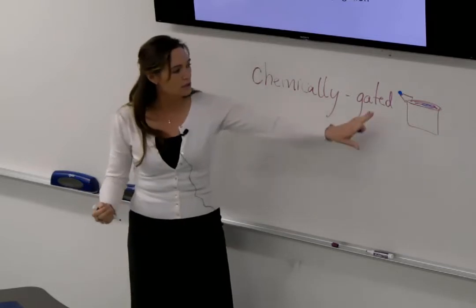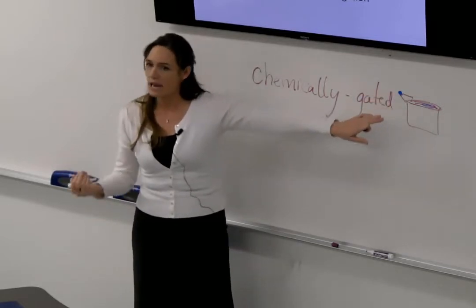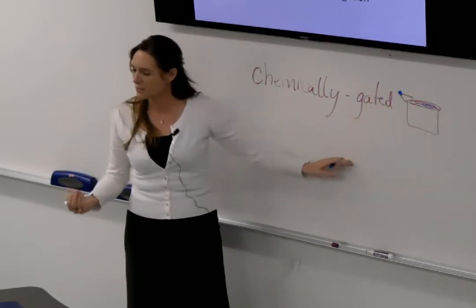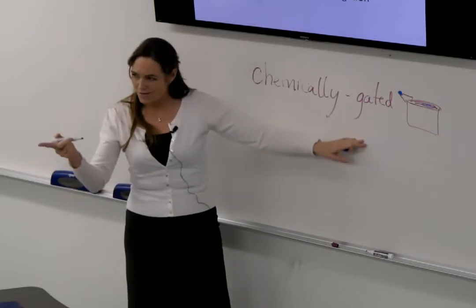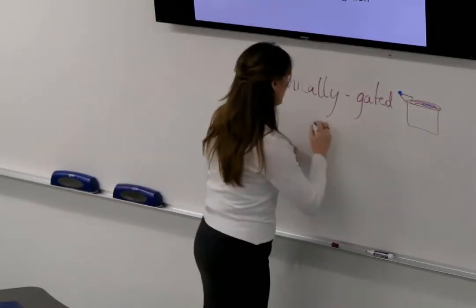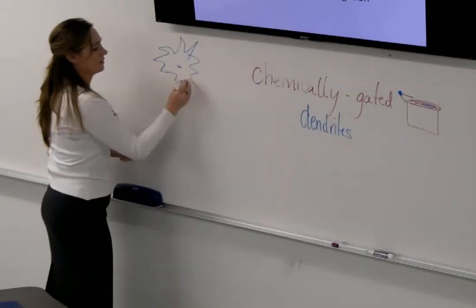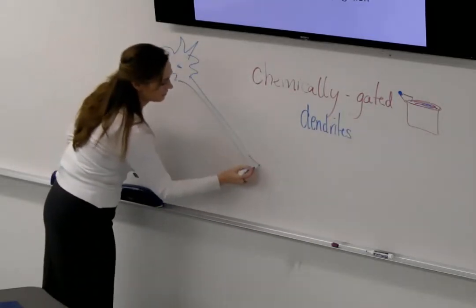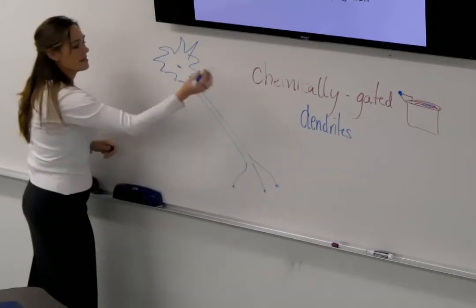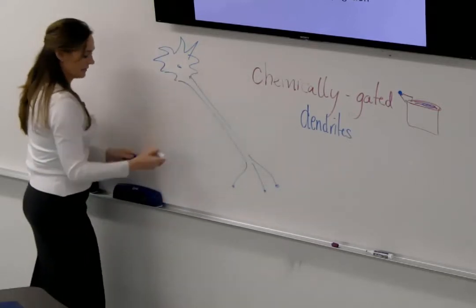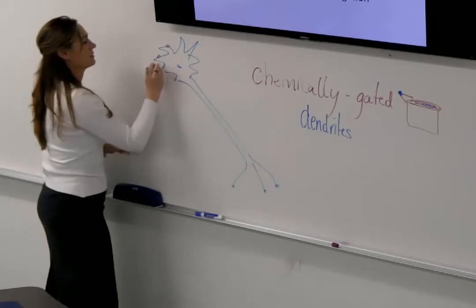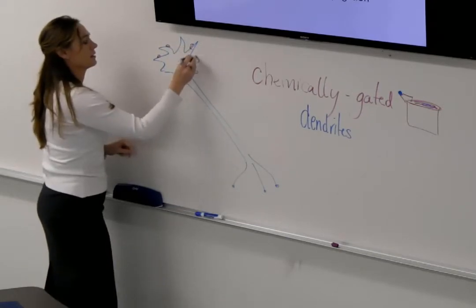So it's only going to be in a location where it's going to get a chemical to respond to. Those are chemically gated. So where are they going to be found? Yes, you're going to find these guys on dendrites. So if this is our neuron here, we would have these chemically gated channels located here. So we'll put these guys.